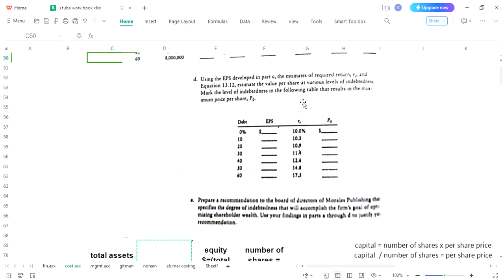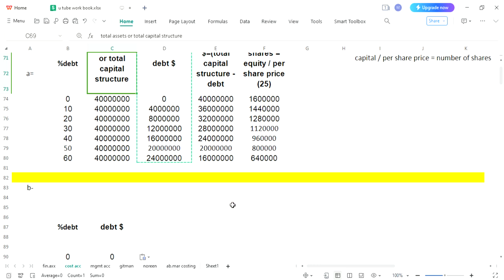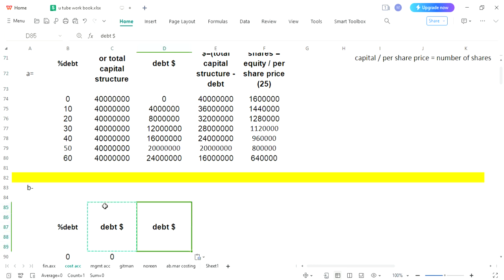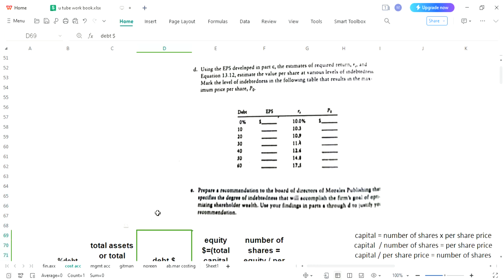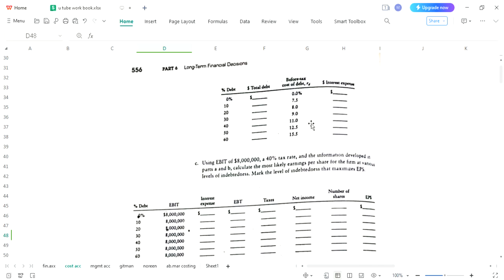This is our next heading, before tax cost of debt. Let's make it before tax cost of debt, and that is mentioned over here. It's a little blurry, very small size, but at least it's visible.